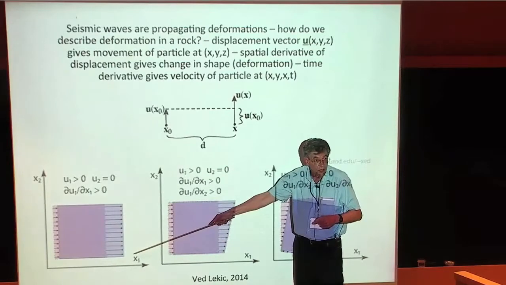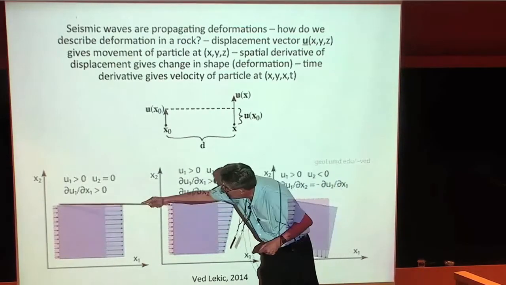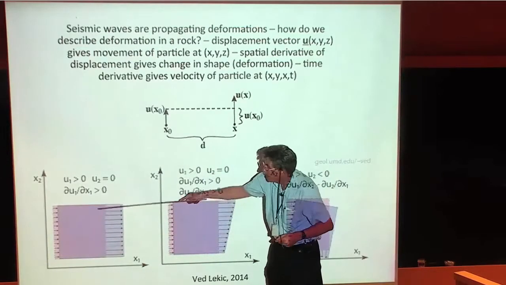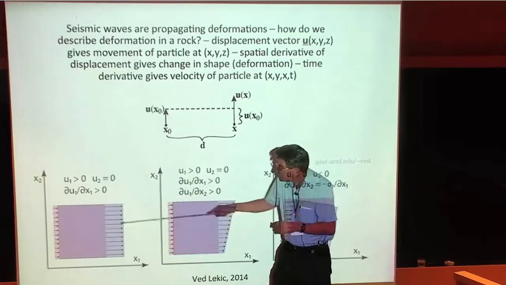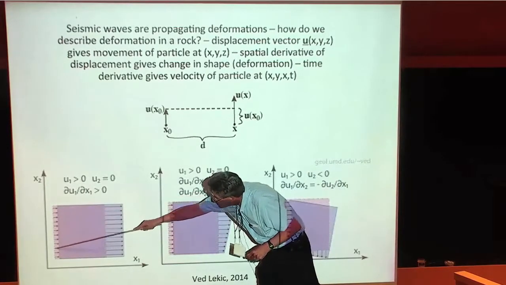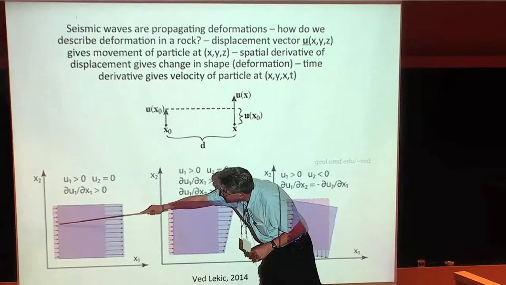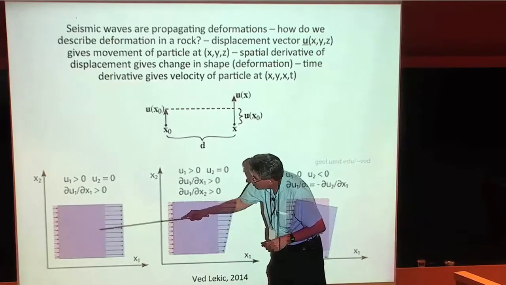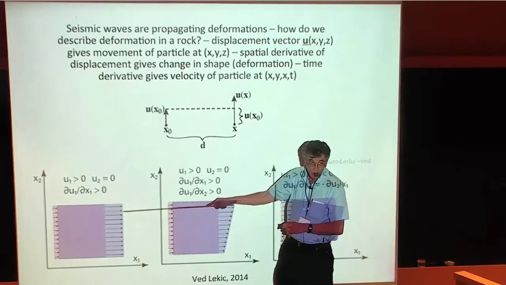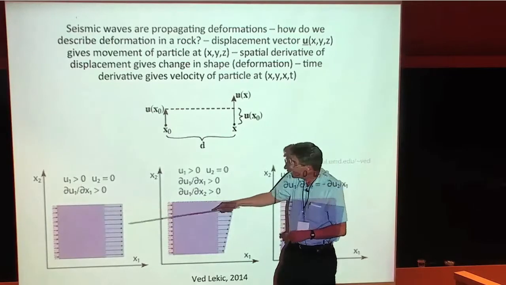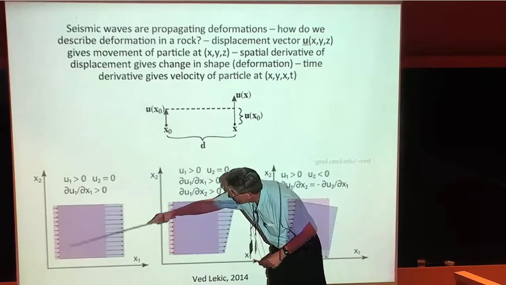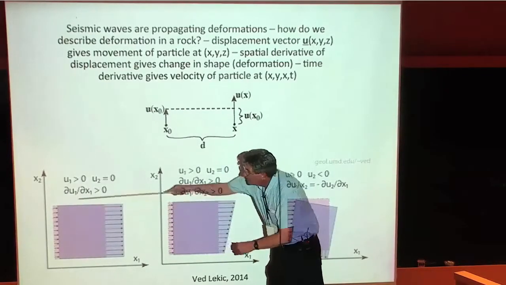So what he had here is a pink little block. After some deformation, all these particles that were on the left there have moved a little bit to the right. All the particles that are over here, they've moved a lot more to the right. So that original square that was here before has now become stretched, basically.